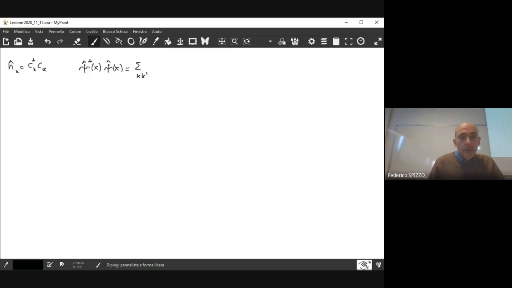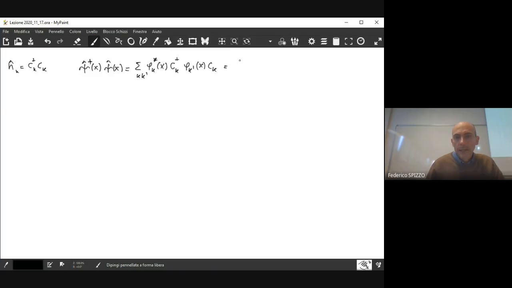The creation operator corresponding to position x is phi k conjugated of position x, c k cross, and then we have the phi k prime without conjugation at position x, c k.